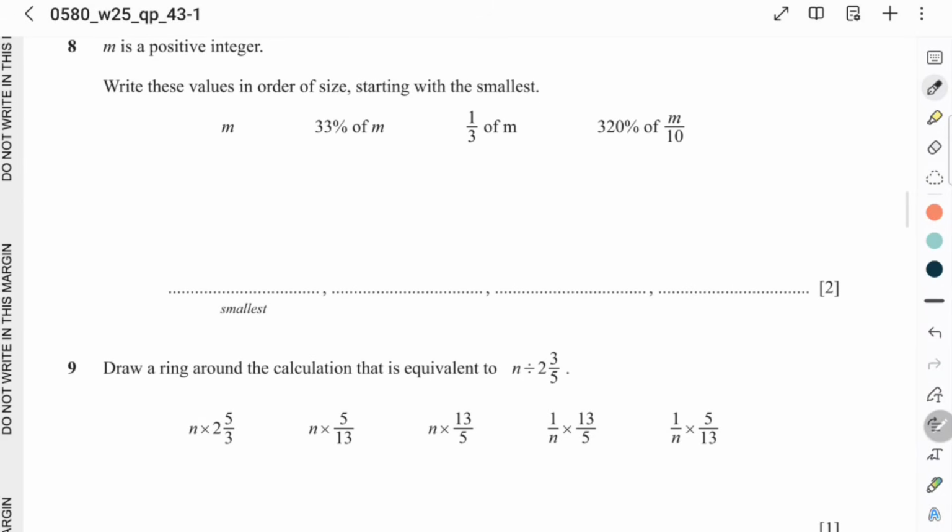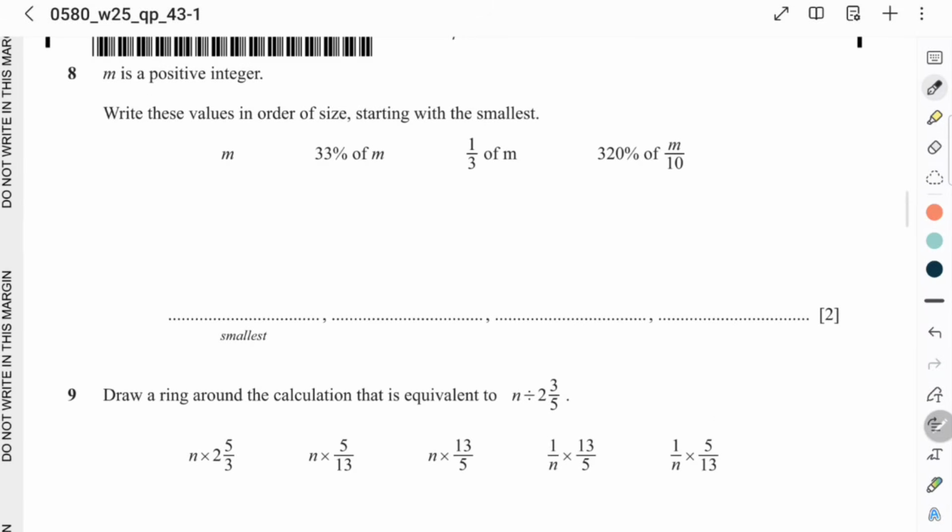Question number 8. m is a positive integer, and write these values in order of size starting with the smallest.